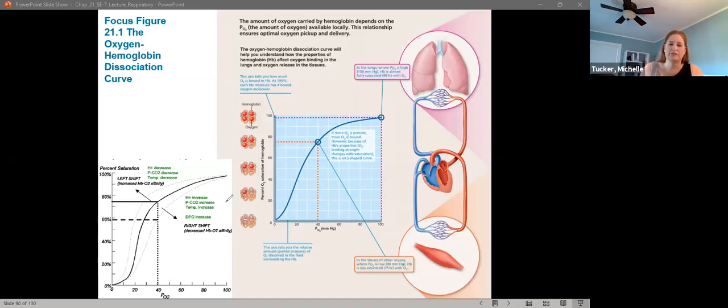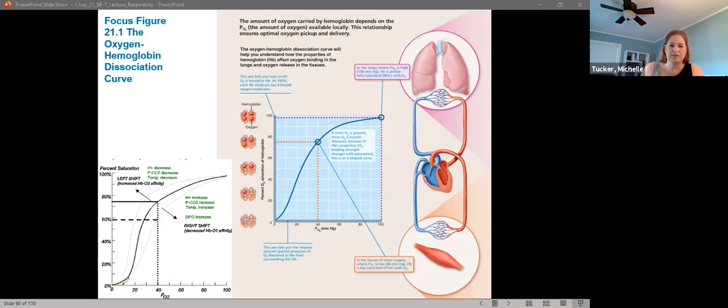With an increase, like if we are exercising, the temperature at our muscles is going to be warmer. PCO2 is increased. Our metabolism has increased for producing more CO2. And then our pH is decreasing, which means our hydrogen ions are increasing. This is due to lactic acid and other byproducts of metabolism. And that is going to shift.